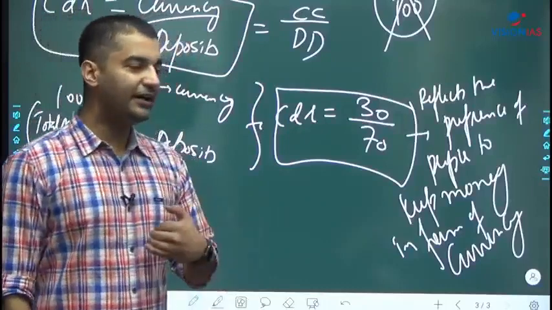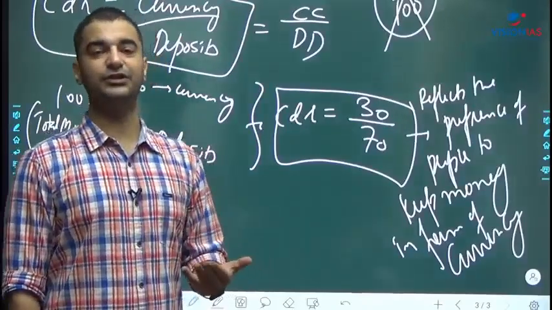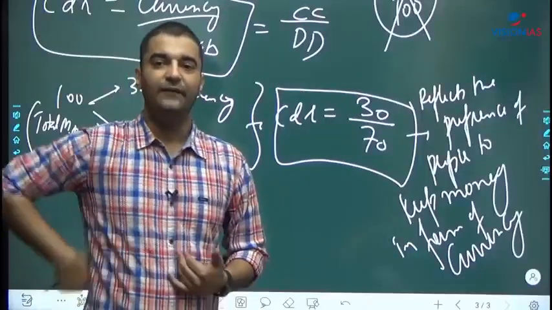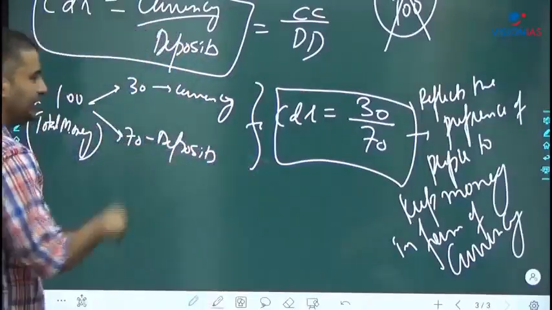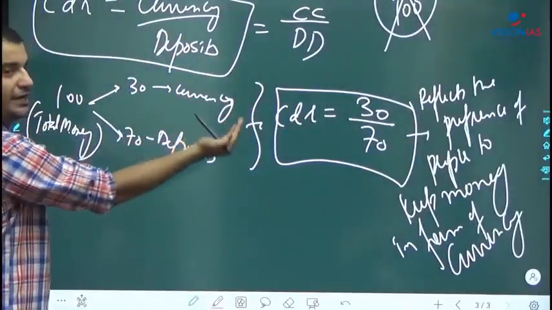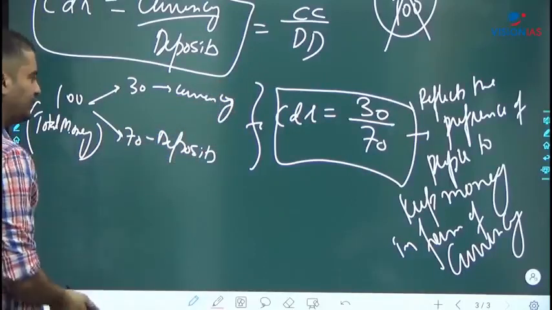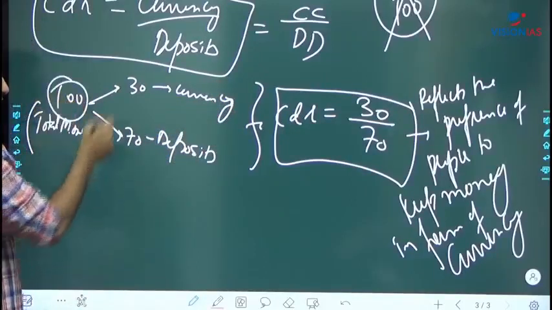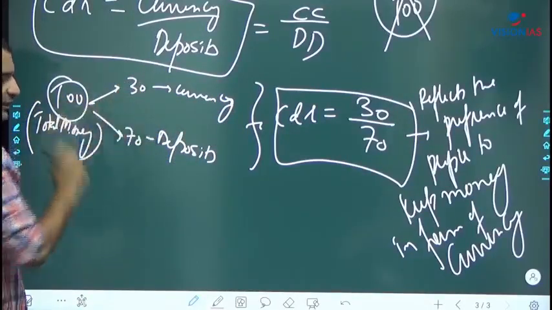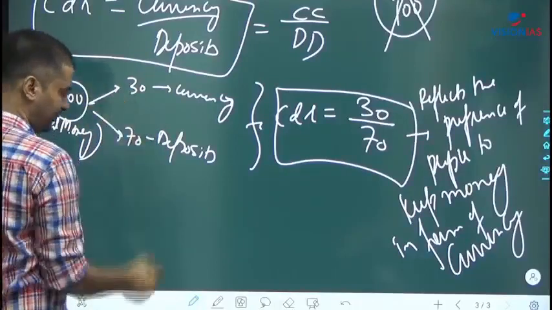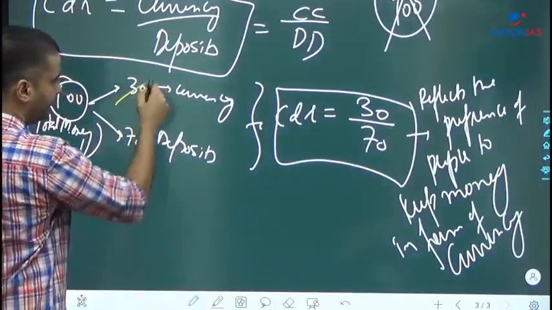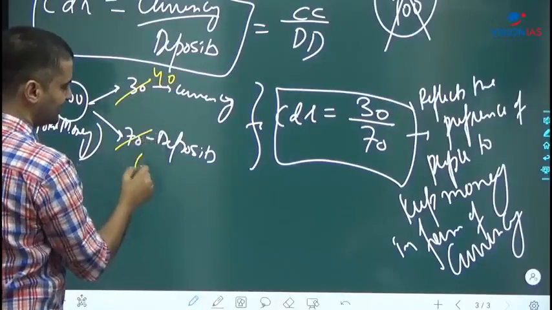If CDR is high, what does it mean? Simply think about it. If CDR is high, or I say CDR is increasing, what will it mean? Out of 100 rupees, earlier 30 was currency and 70 was deposit. Now people are preferring to keep 40 in currency and 60 as deposits.